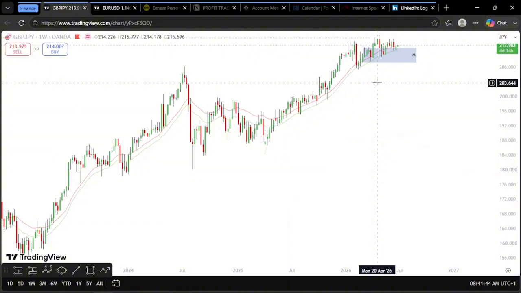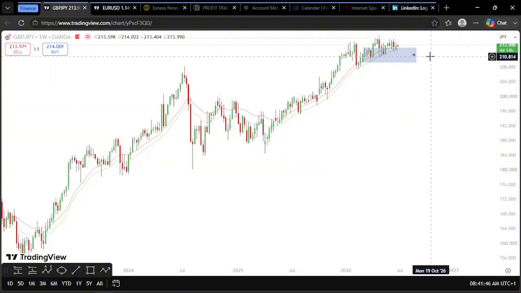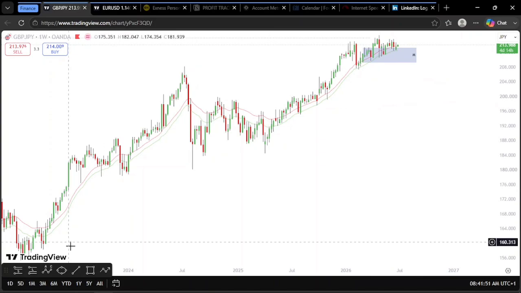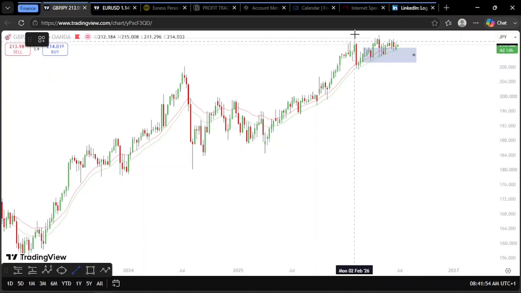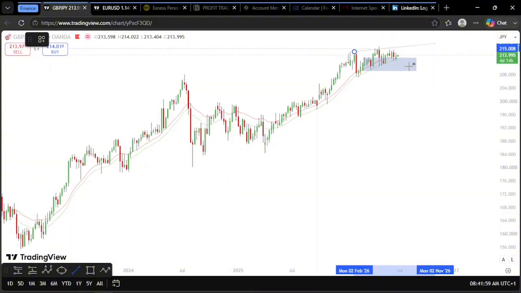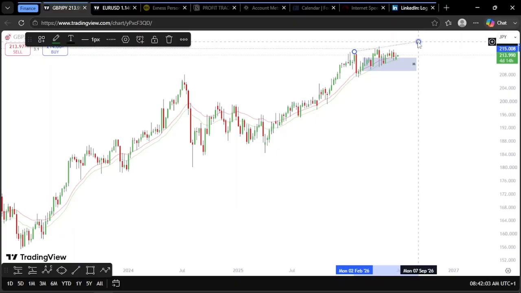On the weekly time frame, you can see here that we are having a consolidation pattern here. There's another consolidation pattern here on the weekly time frame.